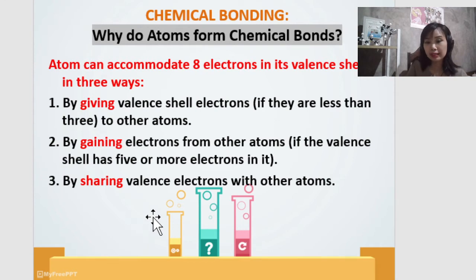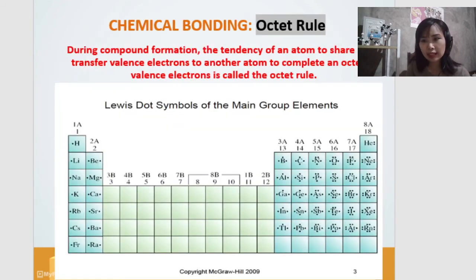Atoms achieve stability by attaining the electronic configuration of noble gases. The atoms from left to right, except the noble gases, want to be like the noble gases in being stable. If we go back to our periodic table, the outermost right part, the noble gases, have 8 electrons. So they are the most stable of all. These groups are ambitious; they want to be the same as the noble gases.